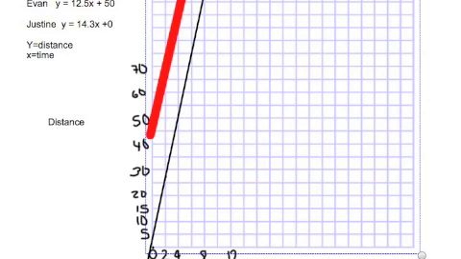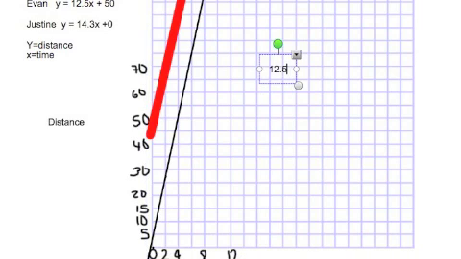So here's what I'm going to get. 12.5x plus 50 should equal 14.3x. At the intersection point, their y's are going to be the same and their x's are going to be the same. So I am going to solve for x first. I'm going to combine the two x's by subtracting 12.5x from both sides of the equation.